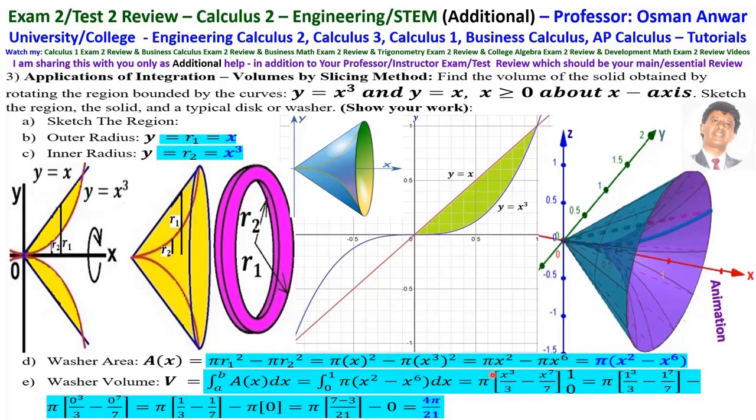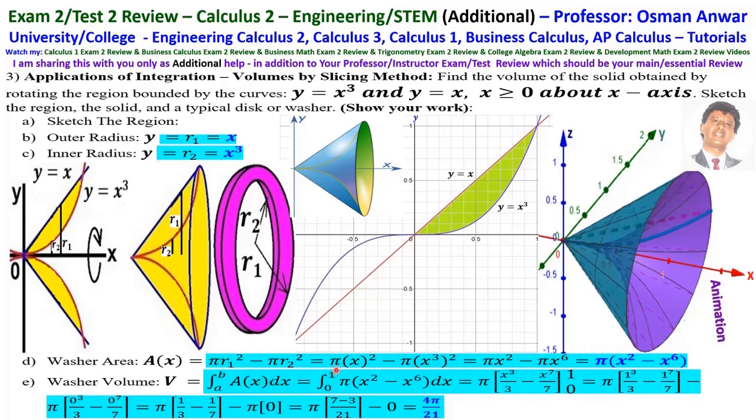So that is pi x squared minus pi x to the 6, which is pi times x squared minus x to the 6. Then the volume of the washer is the integral from a to b of A(x) dx.